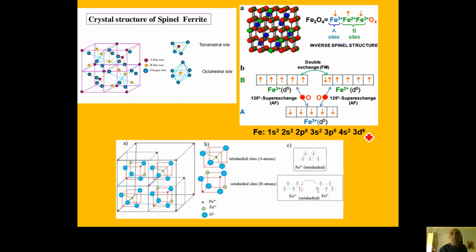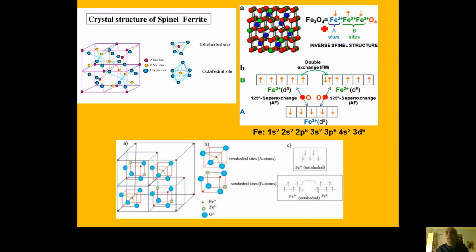So this is a transition metal. But when iron becomes ionized, it loses the s electrons first, right? So that's why, if you take iron, they have these 2 iron structures.